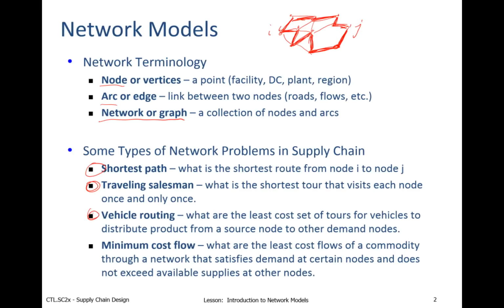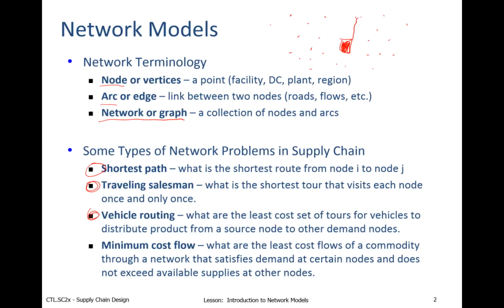Then you have another problem called vehicle routing. Let me clean this little network up again, erase this. It's a little bit different, but it's very much related to the traveling salesman problem. Let's say I have a distribution center or a source node. This is where a bunch of supply or physical product is, and then I have a bunch of locations I need to deliver to, whether these are stores, customers, whatever. So I've got this source node, the square, and I want to visit each of the demand nodes.